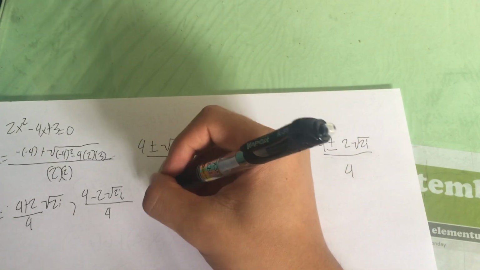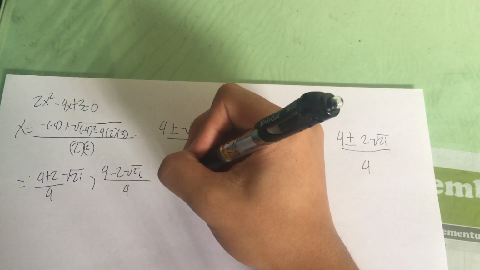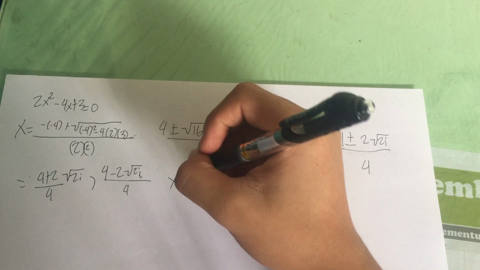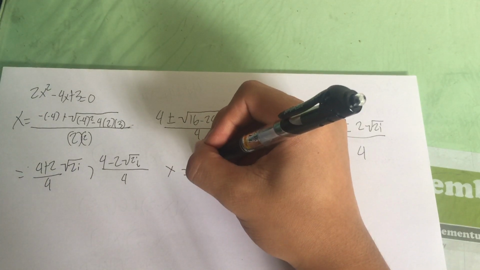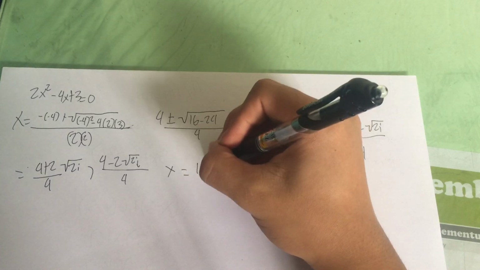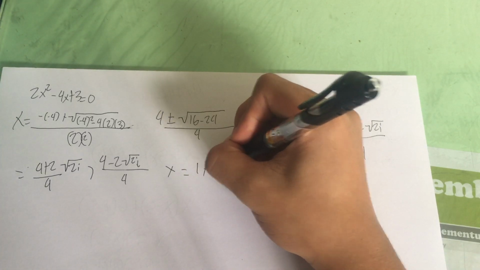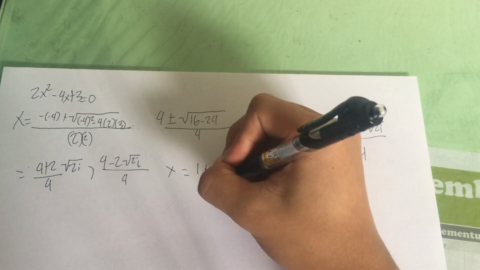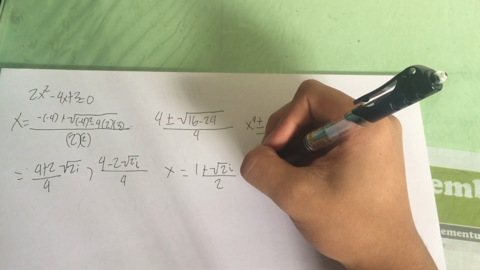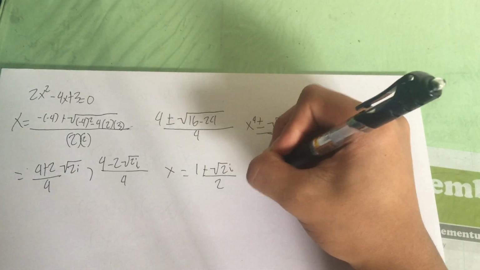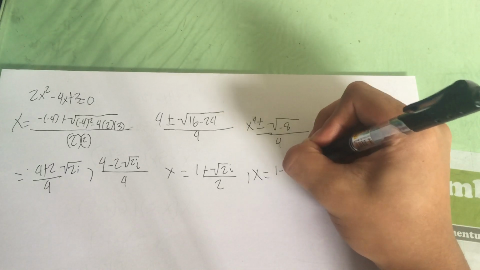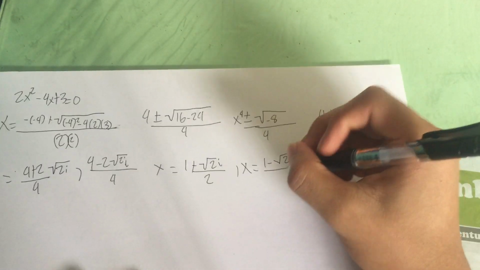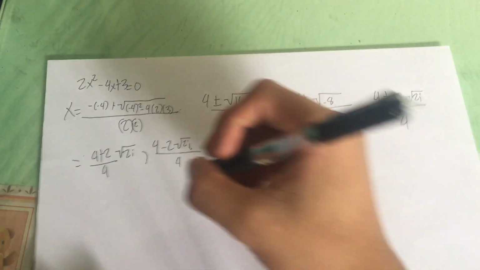Then after a few more steps, you will have x equals 1 plus the square root of 2 i over 2, or x equals 1 minus the square root of 2 i over 2.